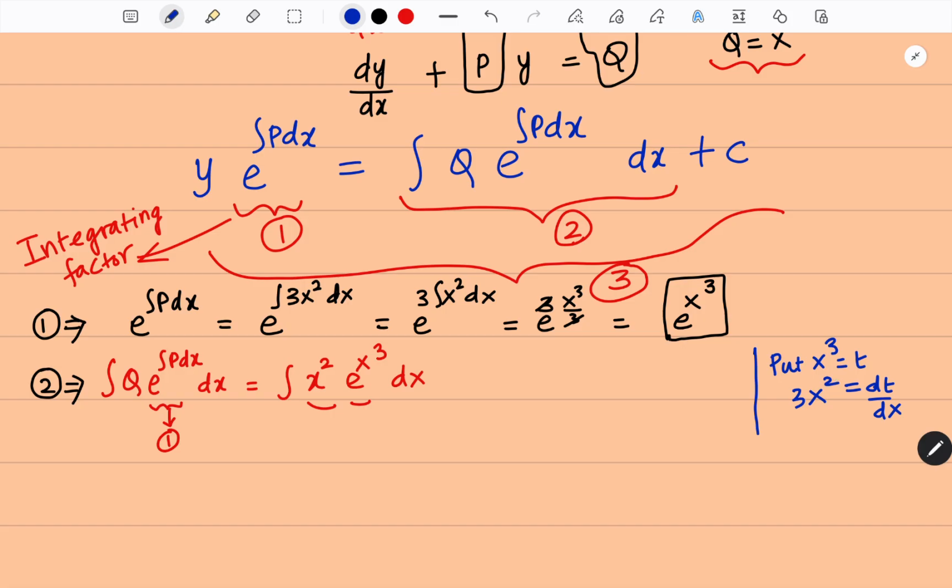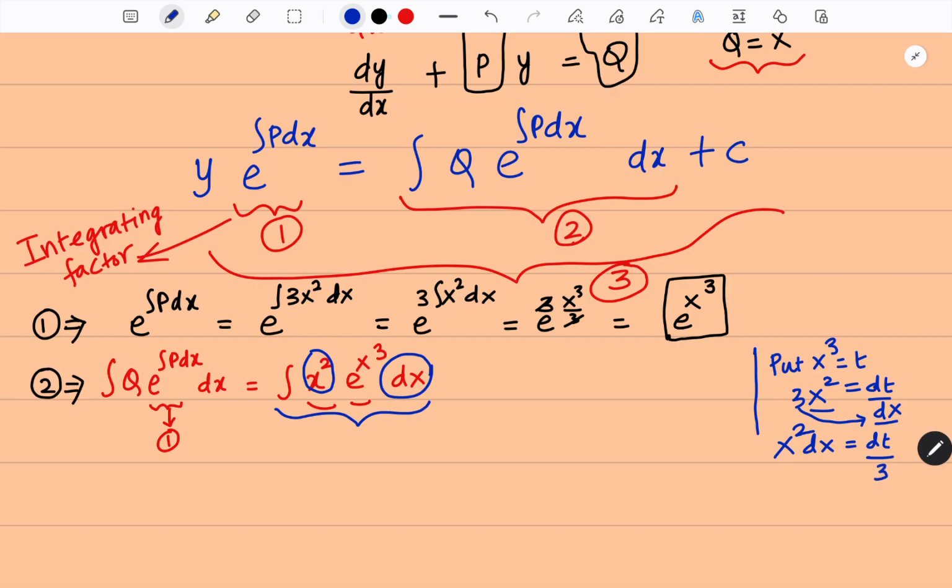Look at the equation and try to convert everything in terms of t. We have x square and dx here, and x square and dx there. So x square dx is equal to dt, and taking the 3 down, dt divided by 3.